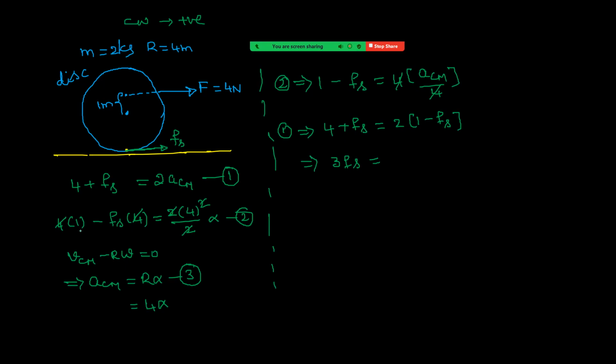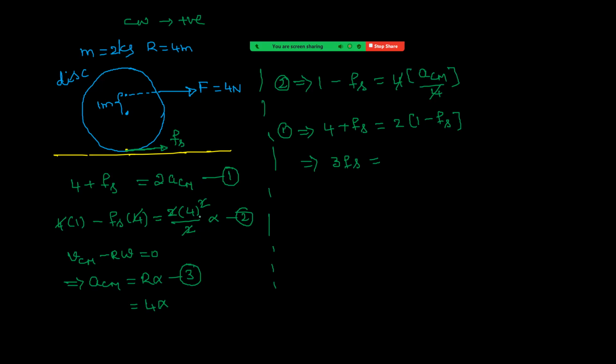Next here we have taken that force is acting in the same direction. That means torque 4 into 1 minus Fs into 4 equal to mr square by 2, right, into alpha. In the place of alpha, we are writing ACM by 4, right?